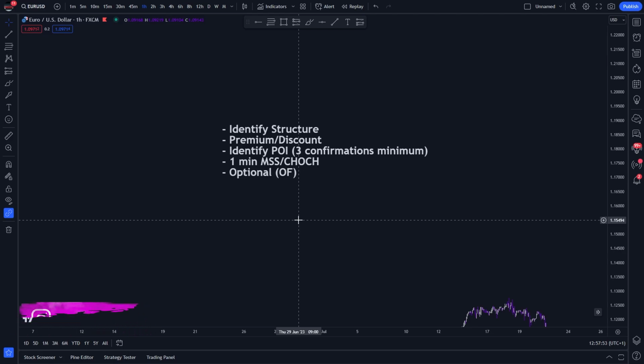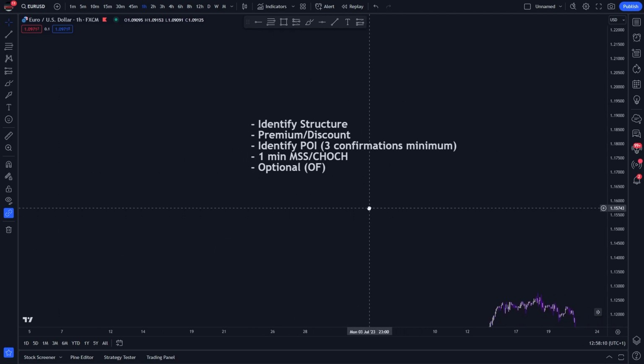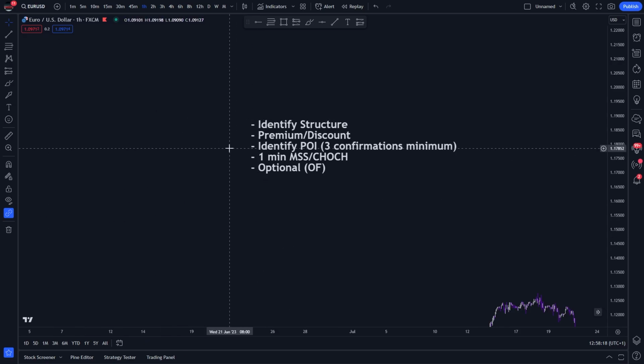It's the same thing, just different terms for ICT and SMC people. Then I look for a break and retest, and then optional, the extra cherry on top, order flow. That's going to give you that confidence in your setup, that extra high probability, by understanding the strength of the buyers and sellers within the range to see if price is actually ready to react from your point of interest or not. Sounds confusing, but trust me, it's not.